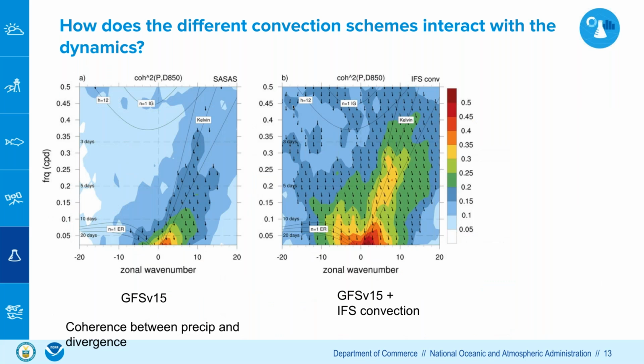So Maria plotted these coherence plots. We looked at the coherence between precipitation and divergence along these tropical wave bands.